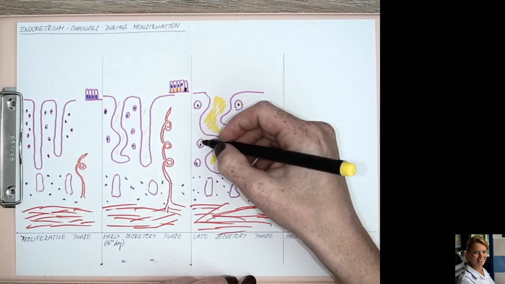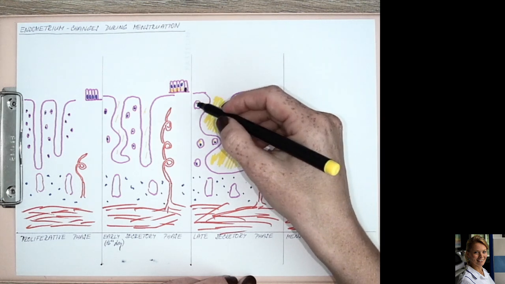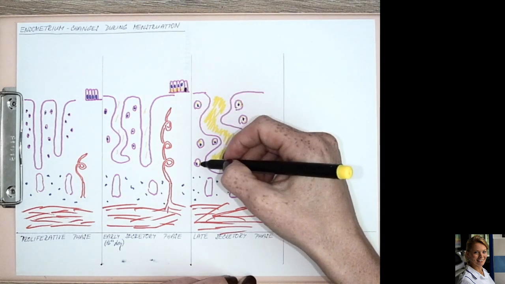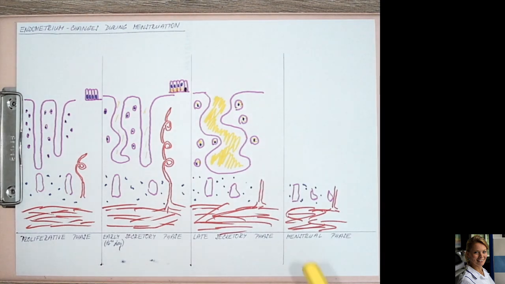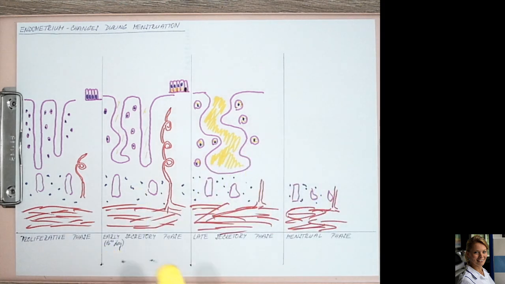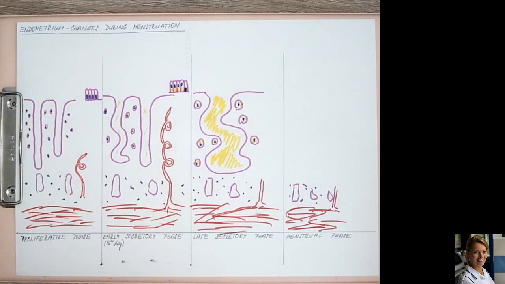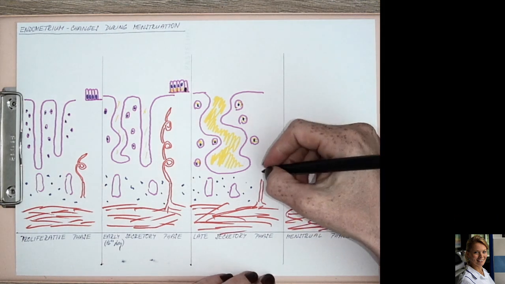These stromal cells are called predecidual cells. Predecidual cells because in the pregnant endometrial wall you can call them the decidual cells.